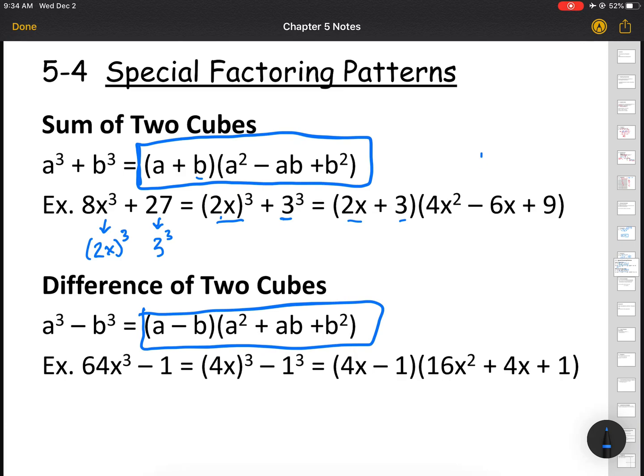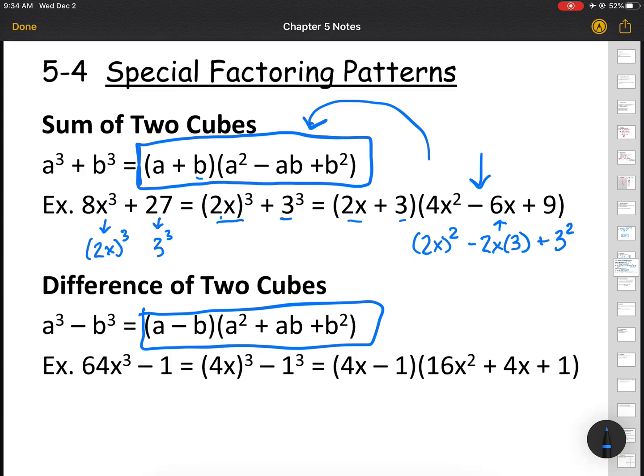Then they're getting this whole part in the parentheses from the second set of parentheses here. So we're taking the first term squared, which is 2x squared, minus 2x times 3, which is the same as 6x, and then lastly the second term squared, or 3 squared, which was 9. So it's always good to write it out and then simplify that.